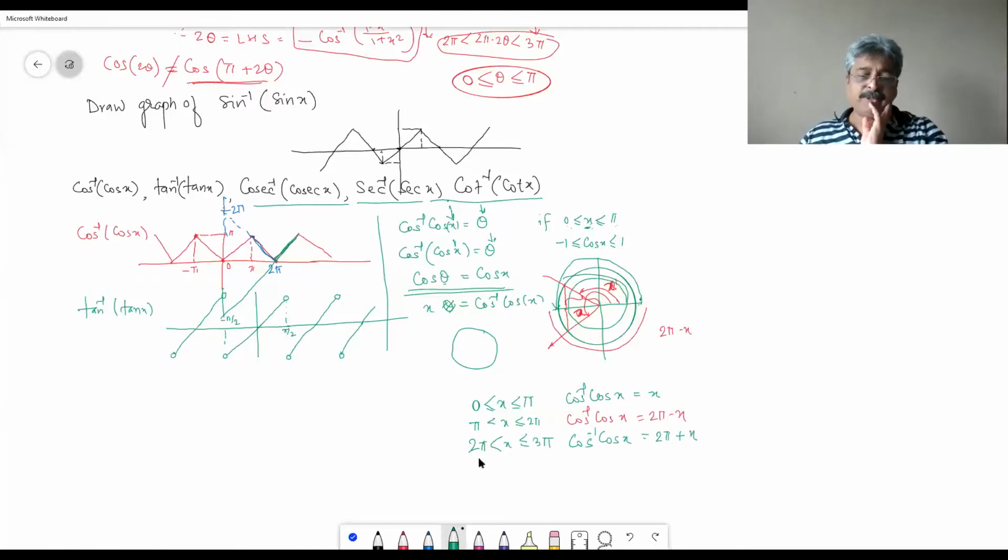If the angle is between 2 pi to 3 pi, then the answer should be minus 2 pi plus x. That is the y-axis intercept. The line is minus 2 pi, so you have a terminal ray.